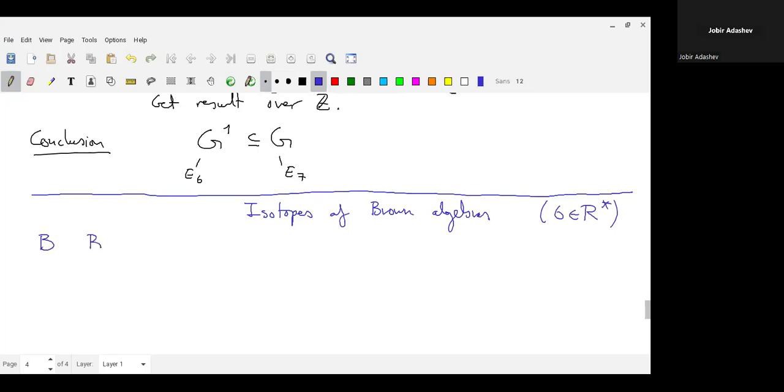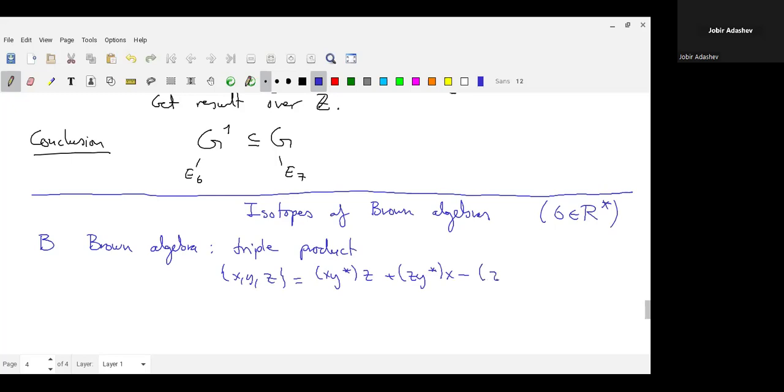So if I have B a Brown algebra, it comes with a triple product {x, y, z}, which is defined in the following fashion: {x, y, z} is x y involution z plus z y involution x minus z x involution y.